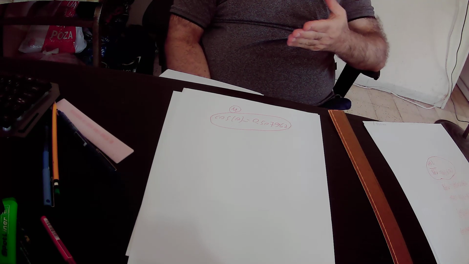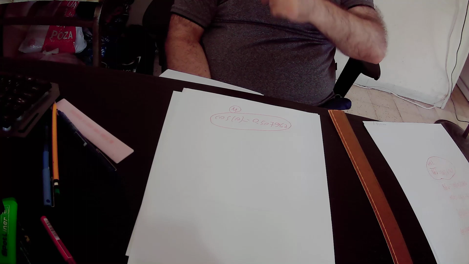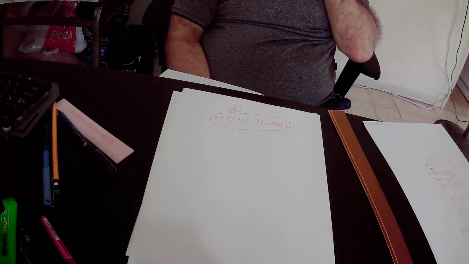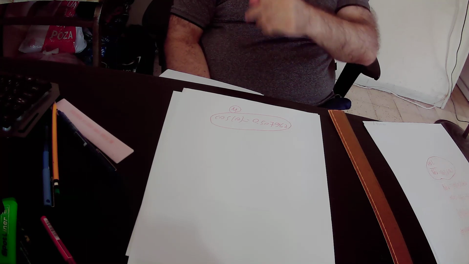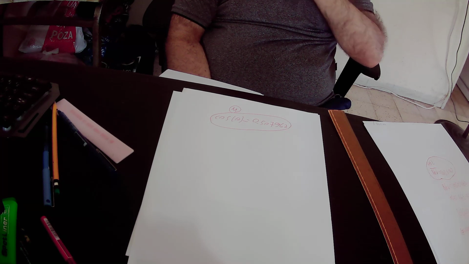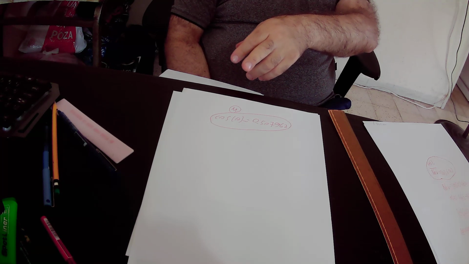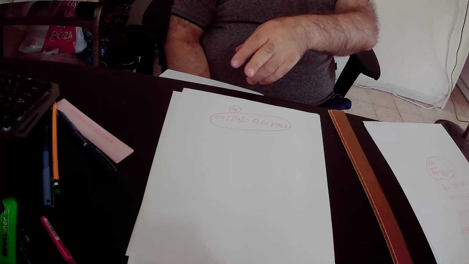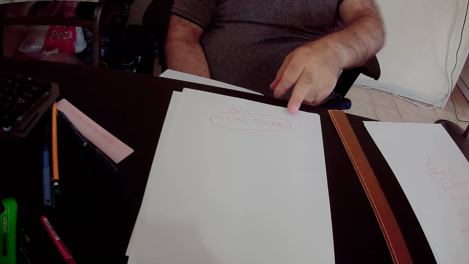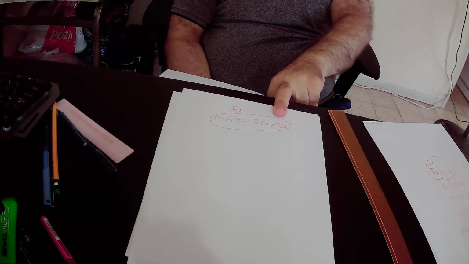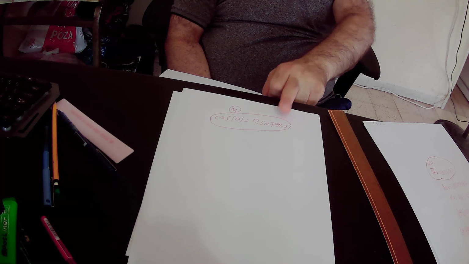Actually, we want to find out the value of theta itself. In order to find out the value of theta, we will use the inverse function of cosinus, that is arc cosinus, on the outcome.